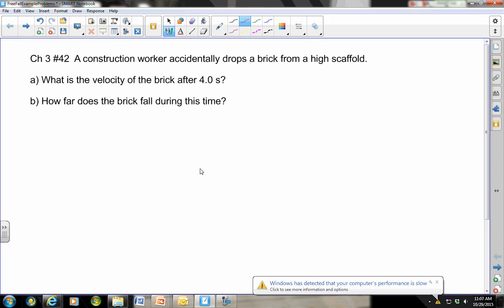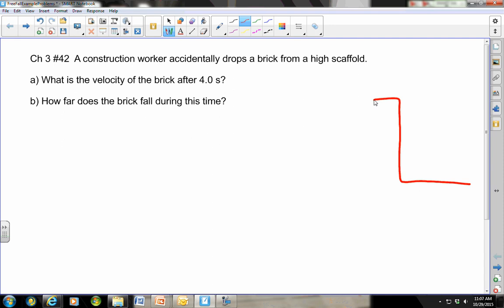So we have a brick that's being dropped from a high scaffold. So it's not moving to begin with, and then by the time it's about to hit the ground, it's going really quickly.